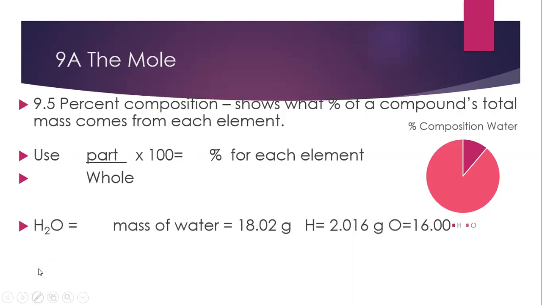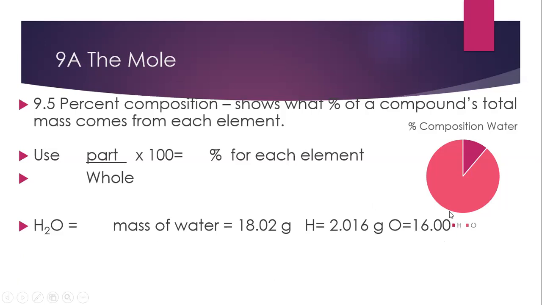For instance, for water, H2O, if we have one hydrogen, it is 1.008 grams on your periodic chart, but there are 2 hydrogen, so we multiply this by 2 and we have 2.016 grams. Here we only have 1 oxygen, and 1 oxygen is 16 grams on your periodic chart.